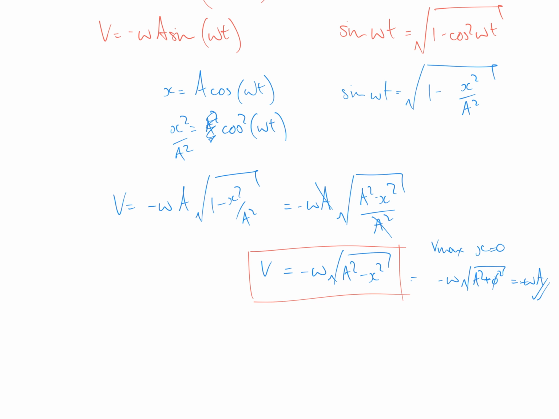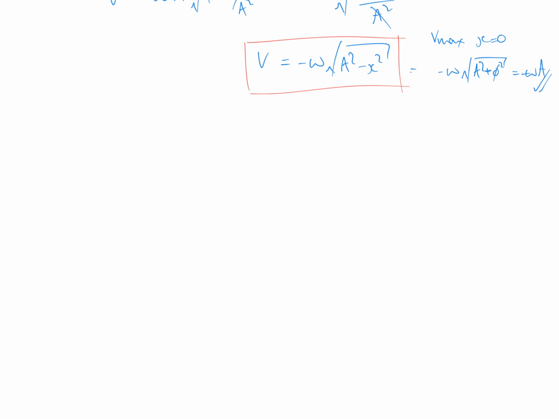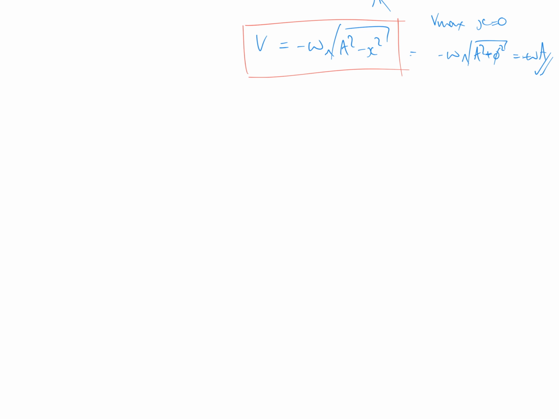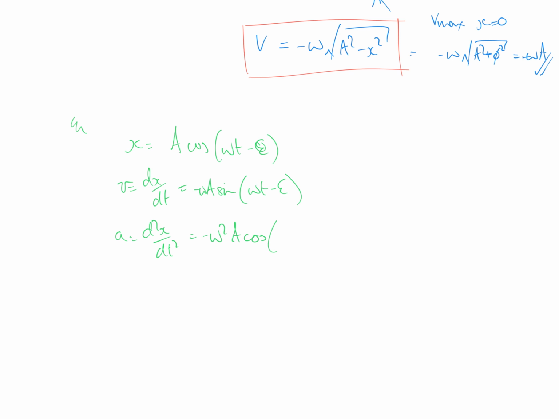Okay, now, last point. I think I need to write down those equations all over again. Let's hope this is not too luminous. x is equal to a cosine omega t minus eta. v is dx by dt, minus omega a sine omega t minus eta, and acceleration is d2x by dt squared, minus omega squared a cos omega t minus eta.